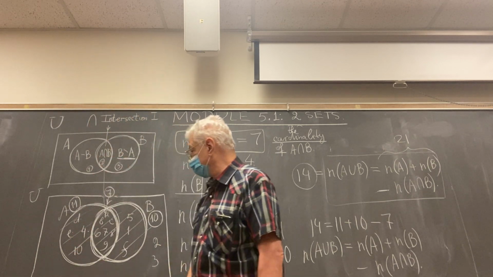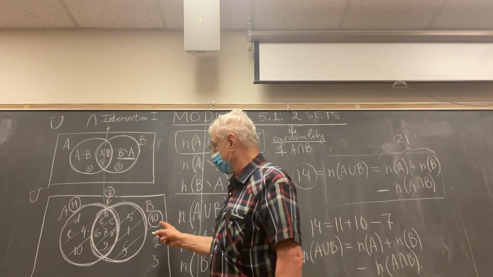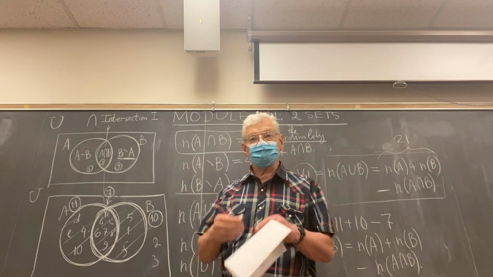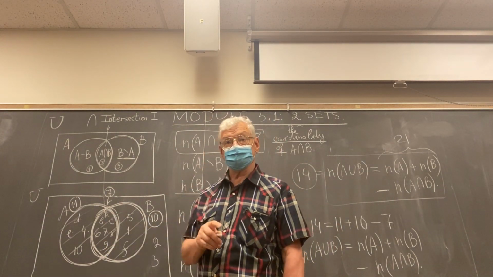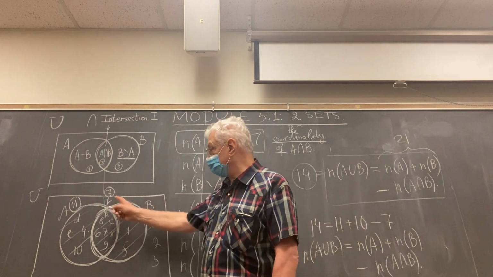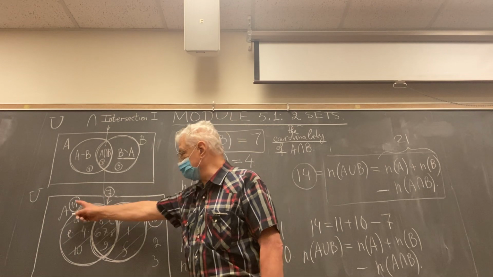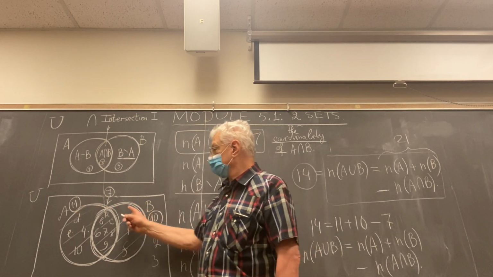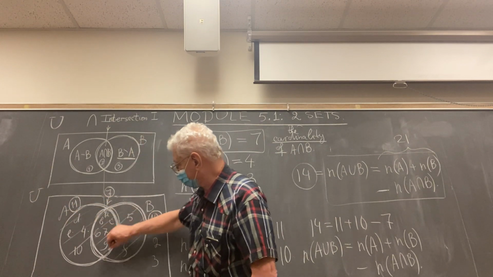So how do we find the total number of elements? If we add 11 and 10, we'll get too many. Why? Because these elements will be counted twice. What is 11? This part, that part, and the common part.